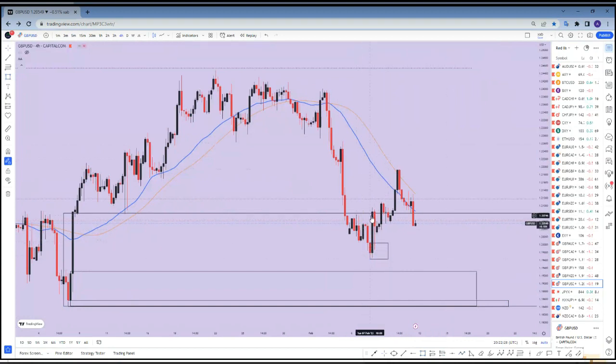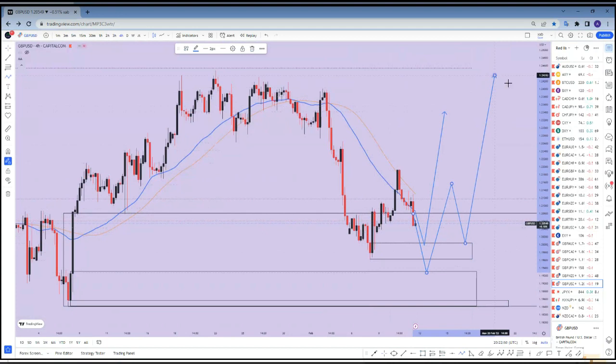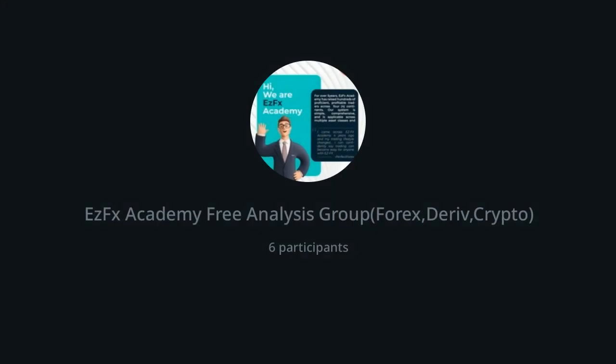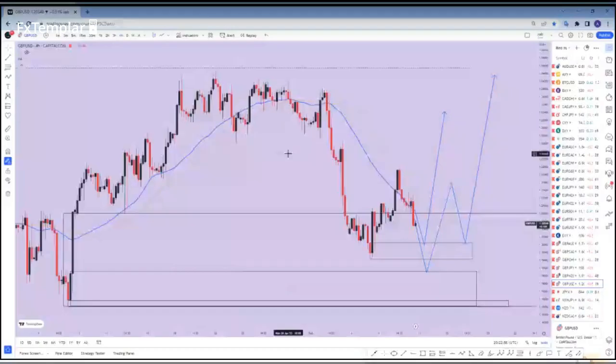Nonetheless, I can still mark this out temporarily and expect either that price comes into this and then pushes all the way up, or we get to see price do this dance. Either of these two is going to be my expectation for GBPUSD.